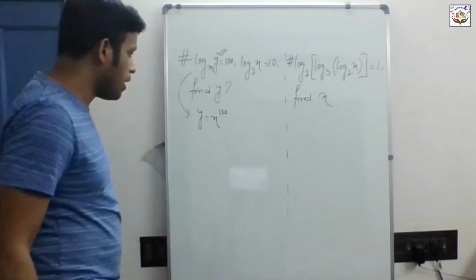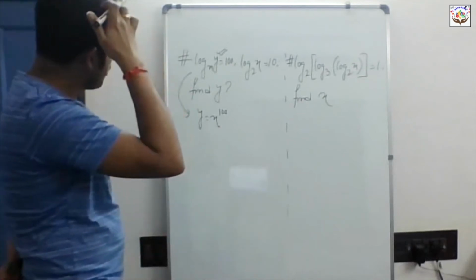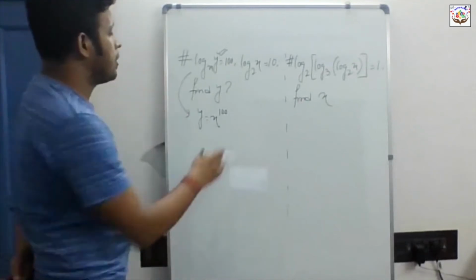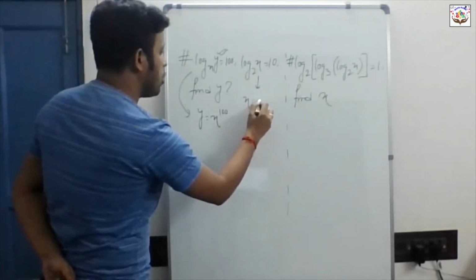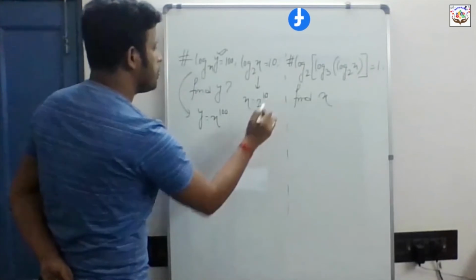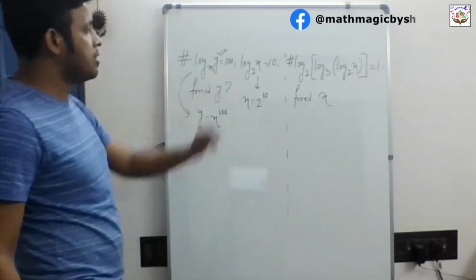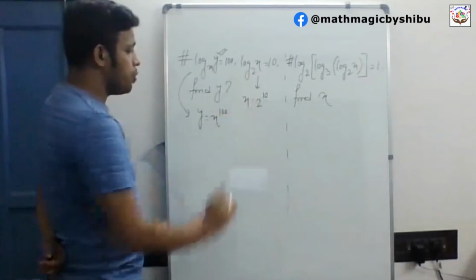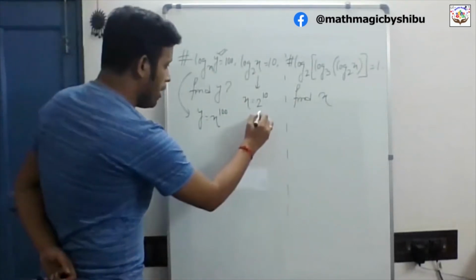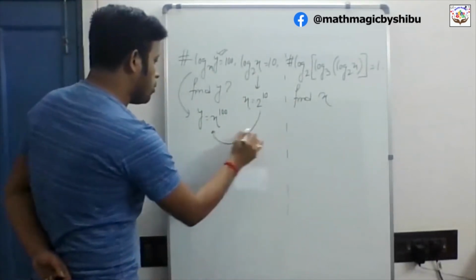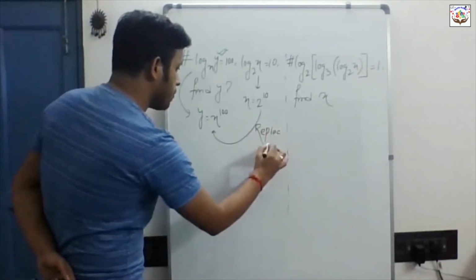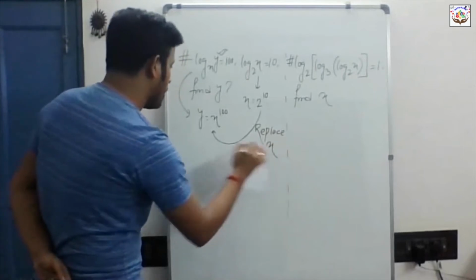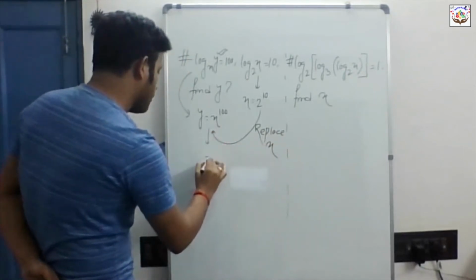Now what is x? x is 2 to the power 10. From a similar concept, we can write x equals 2 to the power 10. So if we replace this value in place of x, what can be written?